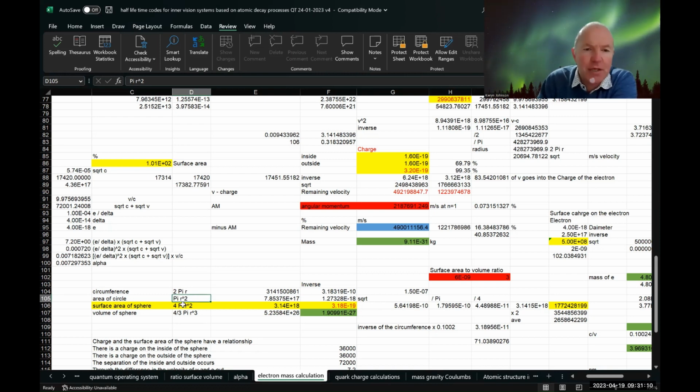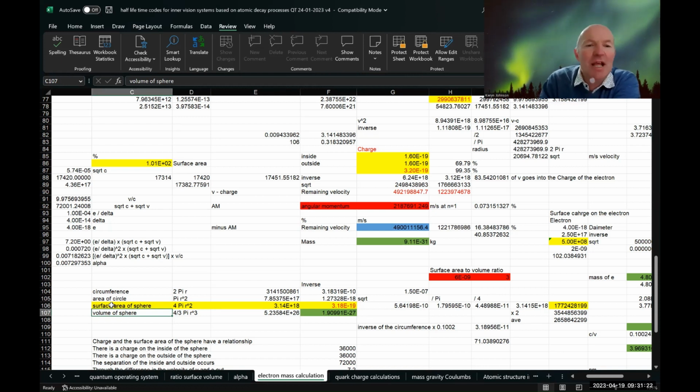And we know the surface area of a sphere is 4 pi r squared, and the volume of a sphere is 4/3 pi r cubed. So I've done those calculations, right? I've got pi is 3.1415.